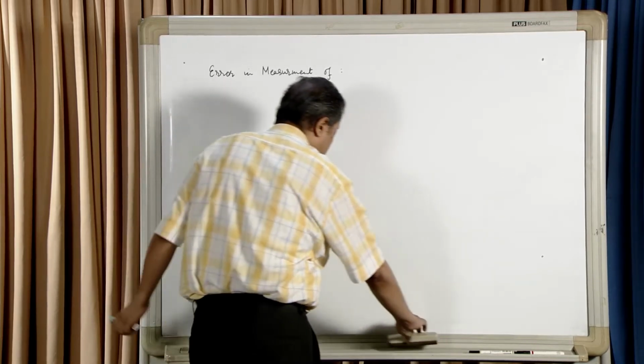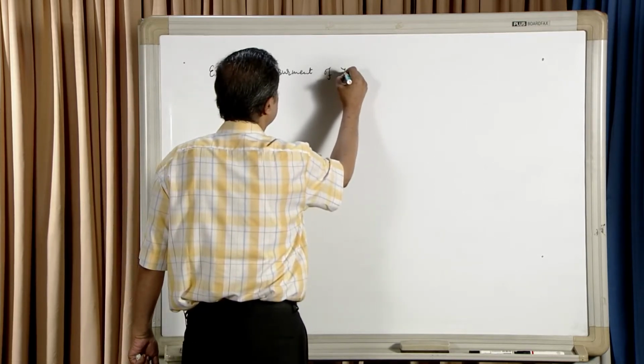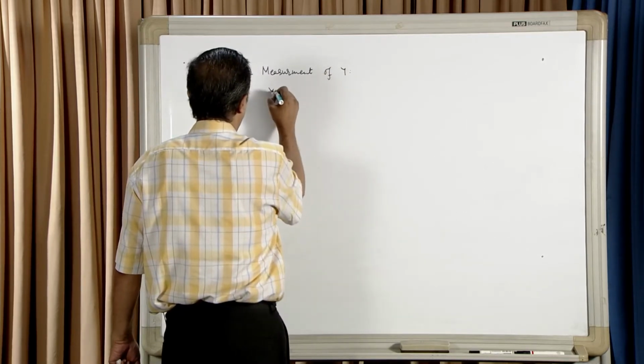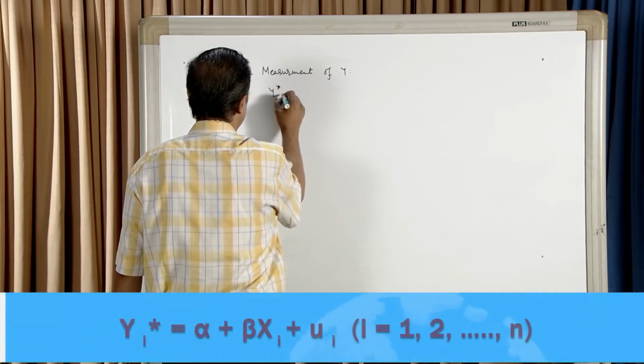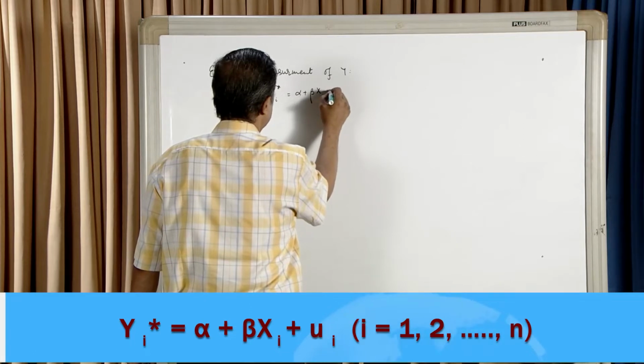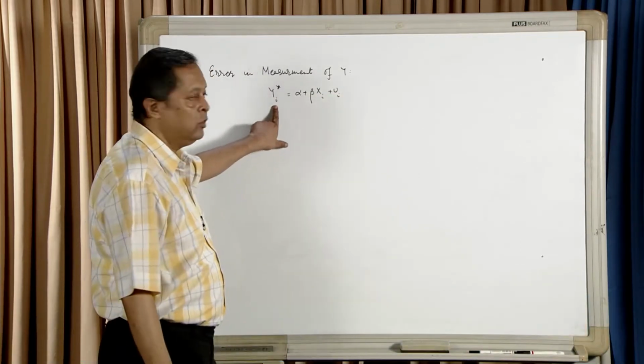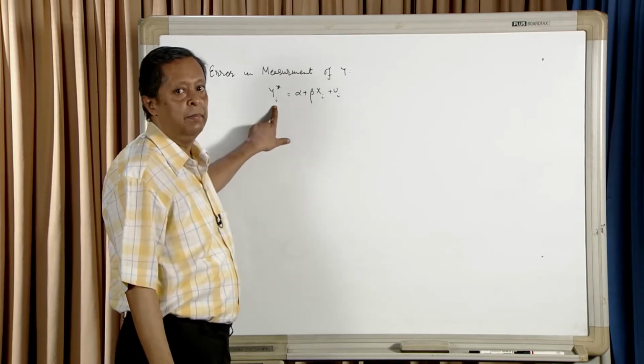So, we write the model as yi star equal to alpha plus beta xi plus ui. So, y star is the value of y if it had been correctly measured.